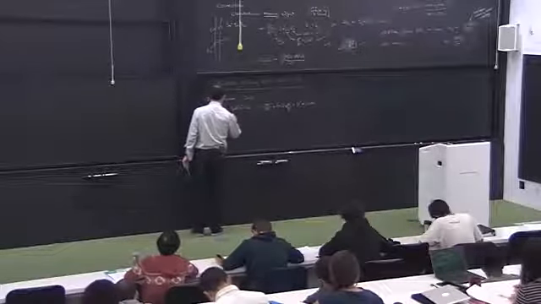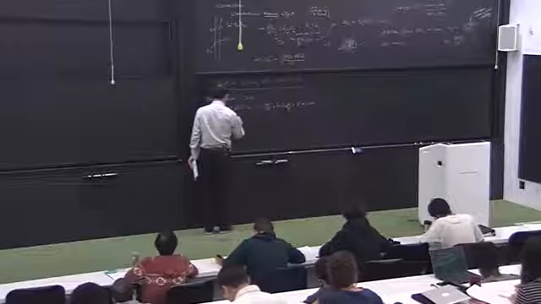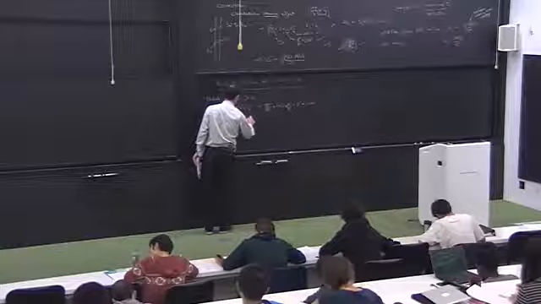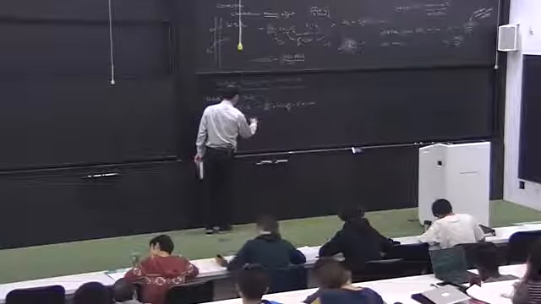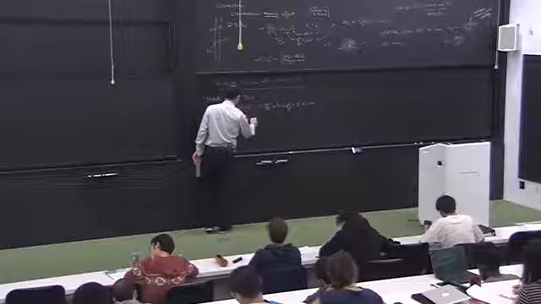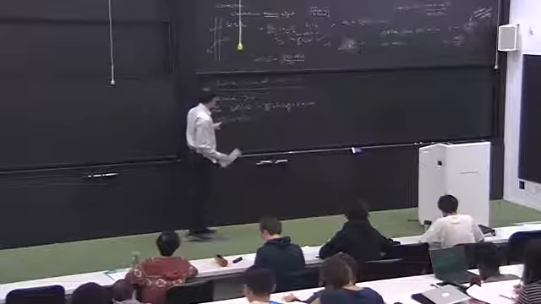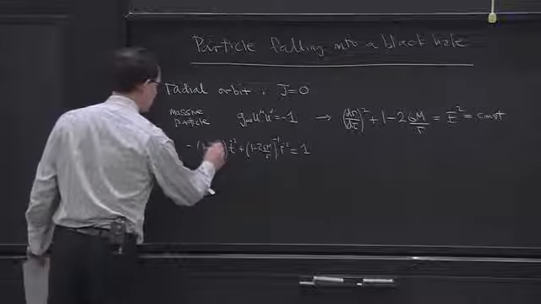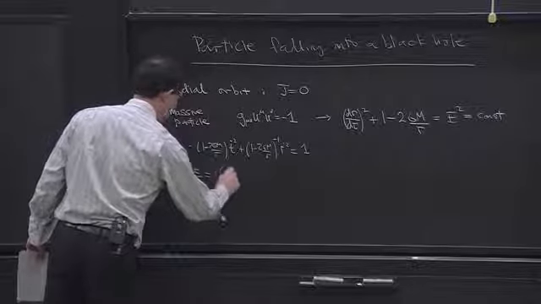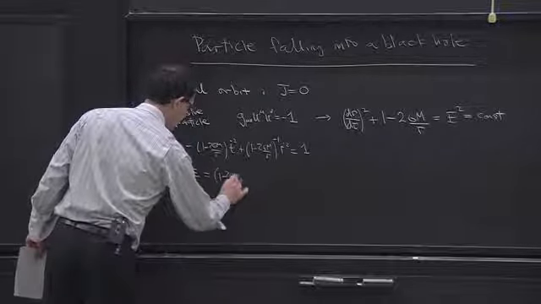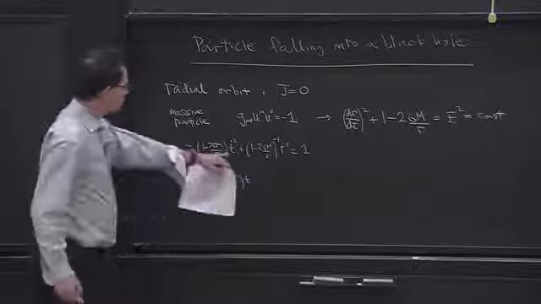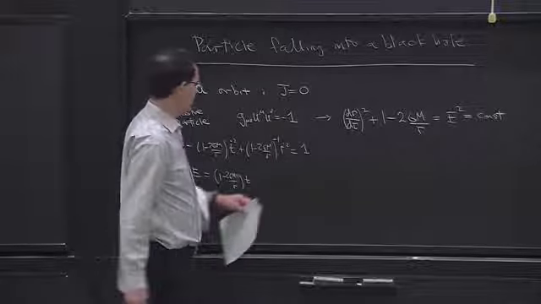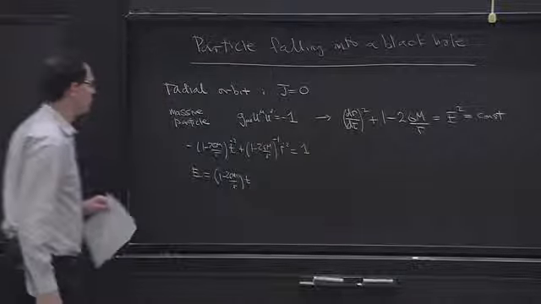Then you have a t dot squared with a minus sign, plus a 1 minus 2GM over r inverse times r dot squared. For radial orbits, of course, d omega is 0. So you multiply through, then you say the energy is equal to 1 minus 2GM over r times t dot. Replace this term with E squared over this factor, multiply through by this factor, and you get exactly this formula.